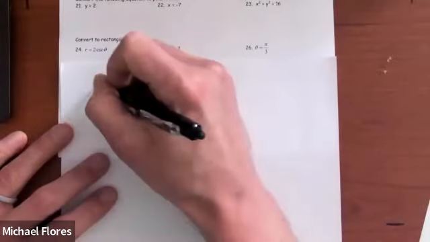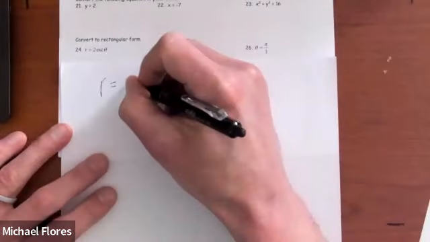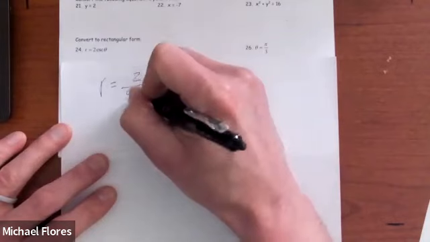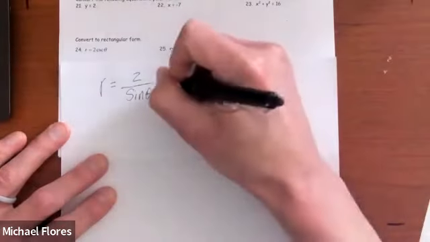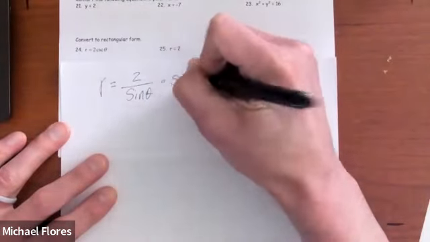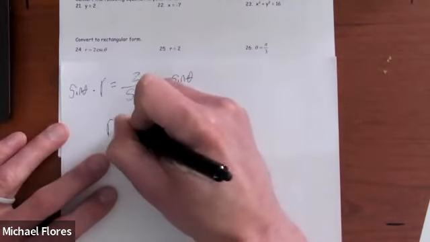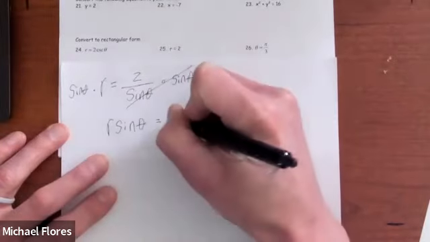Example 24. Here's what we need to remember. 2 times cosecant theta is the exact same thing as 2 over sine theta. We used the reciprocal. Now, what we're going to want to do is multiply both sides by sine theta. That would give us r sine theta is equal to 2.